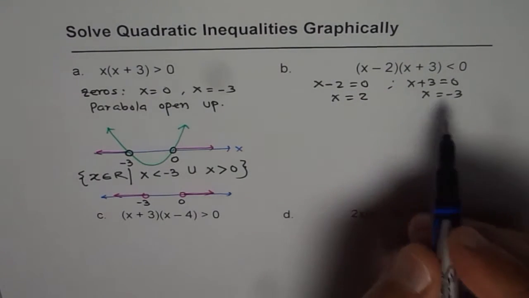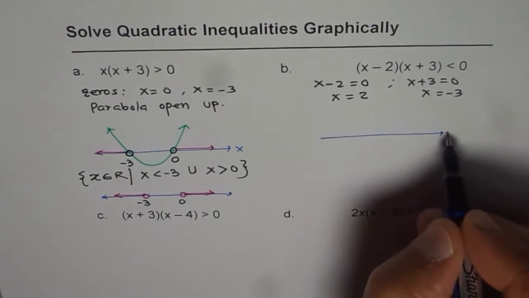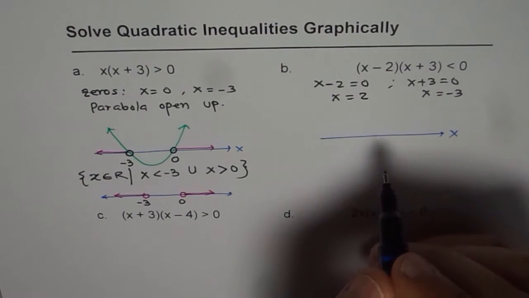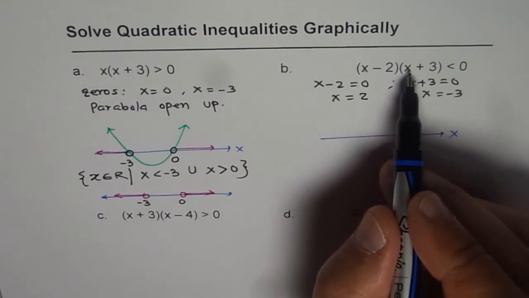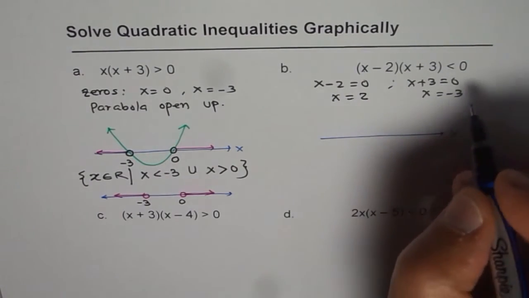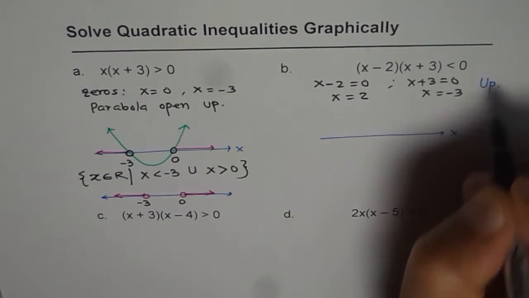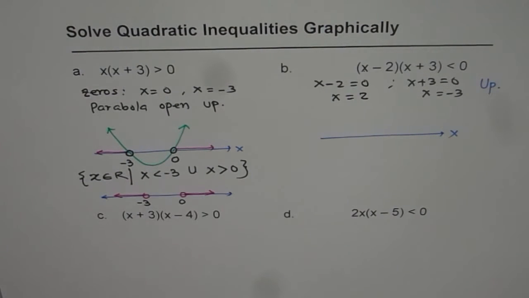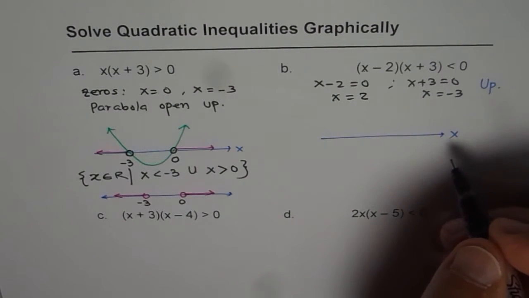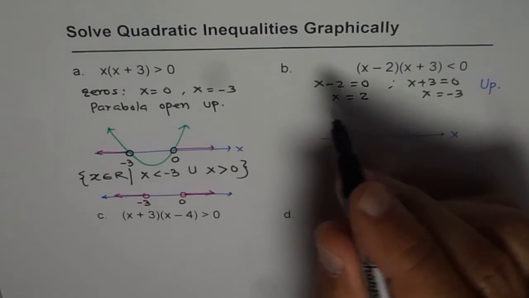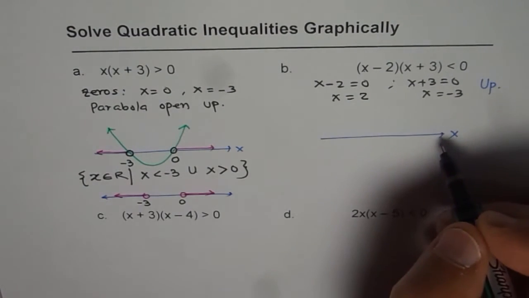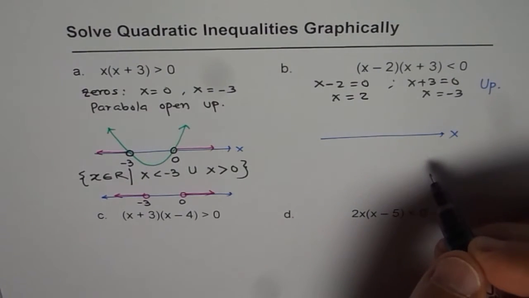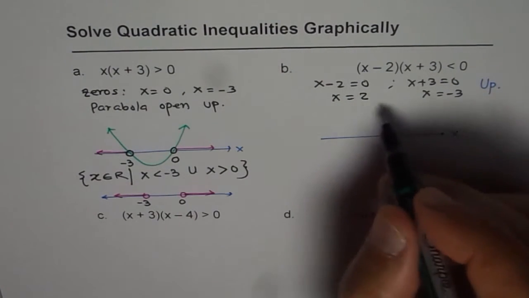So we know the zeros now. Let's say this is our x-axis. Now, will the graph open up or down? If I multiply x and x, I get x squared, which is positive. So the parabola opens up. Let me sketch a parabola. We are not very particular about the y values in this case. In inequalities, we know that zeros divide the whole coordinate plane into 3 parts if there are 2 zeros.